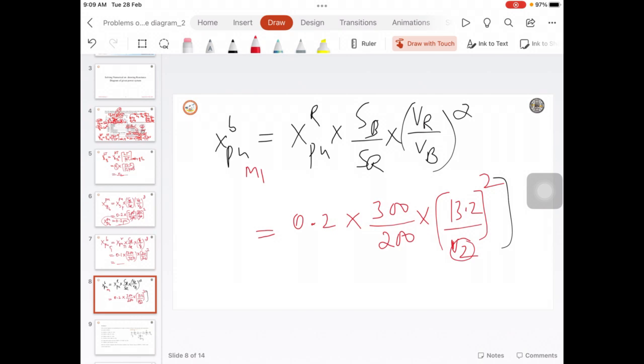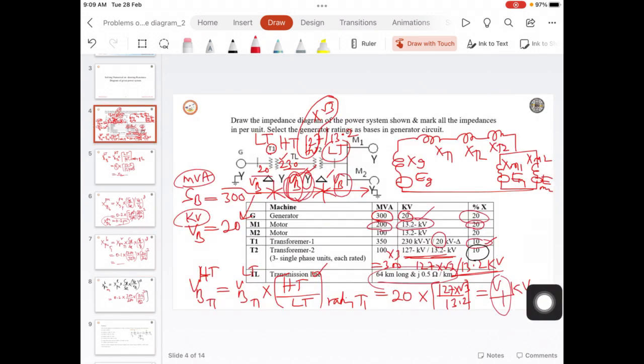By knowing these reactances for generator, transformers 1 and 2, transmission line, and motor 1 and motor 2, you can mark the values here. This is how one can find the reactance diagram of a given power system. They are asked for the impedance diagram here.